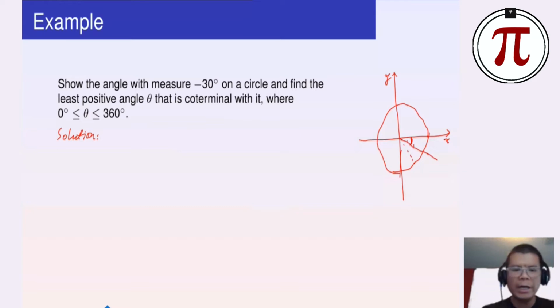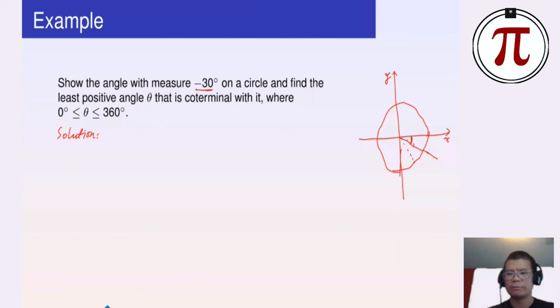Now our angle is a negative value, right? So in order to find a coterminal positive value, you have to rotate this angle counterclockwise for some full rotations.